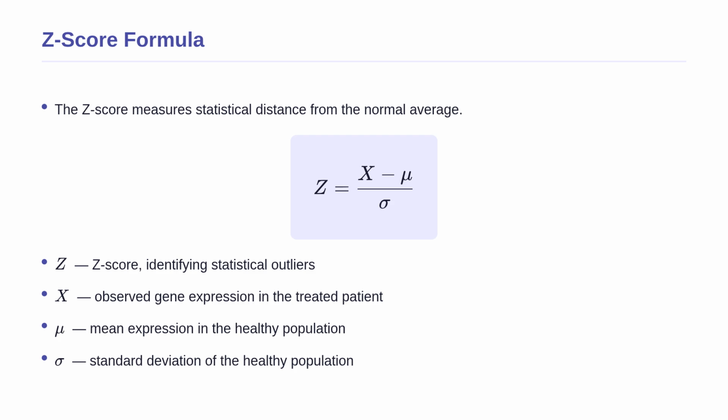The Greek letter mu represents the mean or average expression in the healthy population. Finally, the Greek letter sigma represents the standard deviation, which measures how much the expression naturally varies in healthy cells. By subtracting the mean from our observation and dividing by the standard deviation, we find exactly how many standard deviations away from normal our patient is.